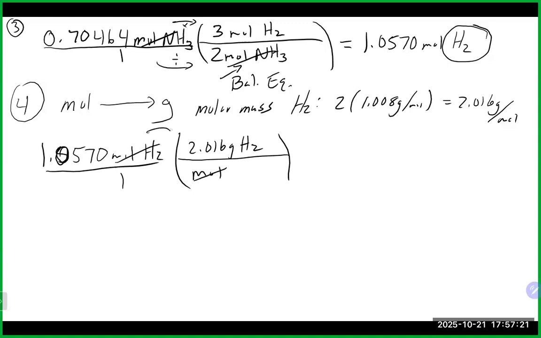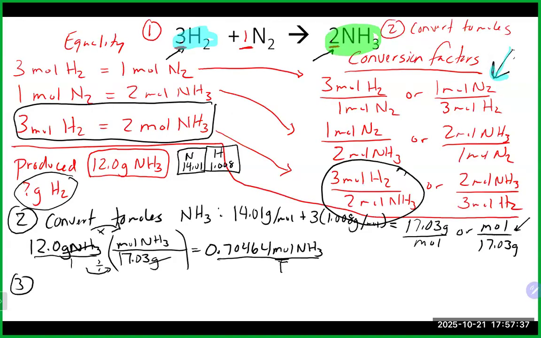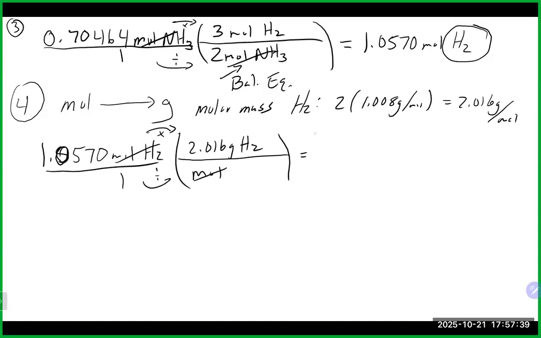Moles are going to cancel, multiply, and divide. That's going to yield us here 2.13 grams of H2. And again, at this point, I would clean it up to the right sig figs.